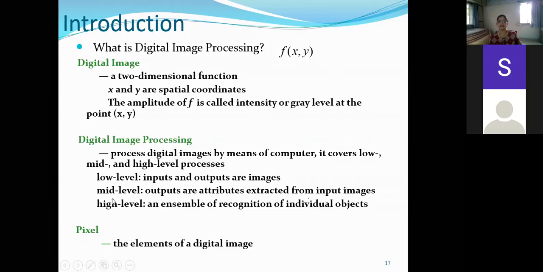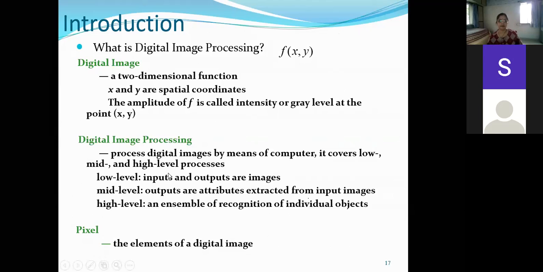And third, high level, is an ensemble of recognition of individual objects. So high level processing mainly deals with understanding or recognizing the image. Consider an application of character recognition, in which you have a digitized text document.